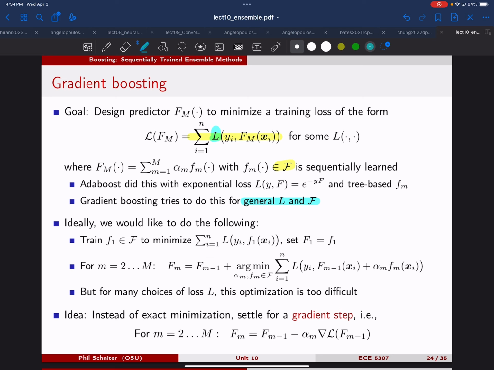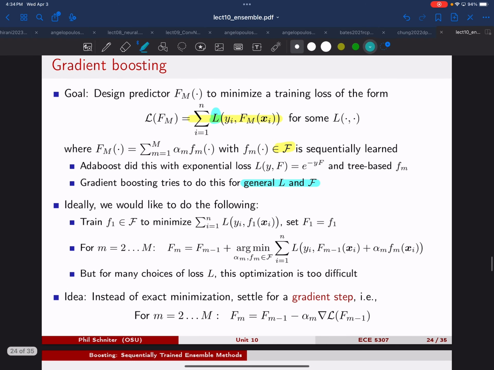So this should work for regression, should work for binary classification, whatever we have. That's our goal. We saw that we could do this for a specific case with AdaBoost, but we'd like to move beyond that. Okay, so this is what we'd like to do.